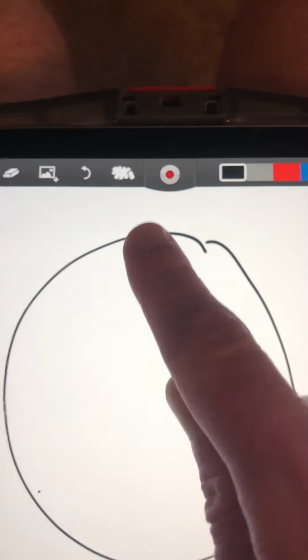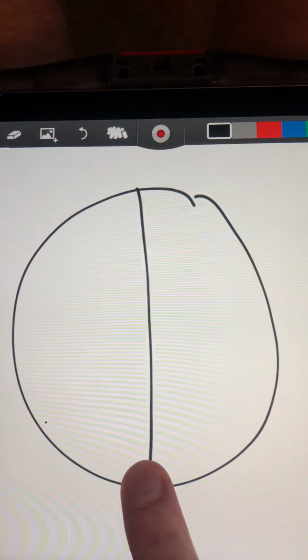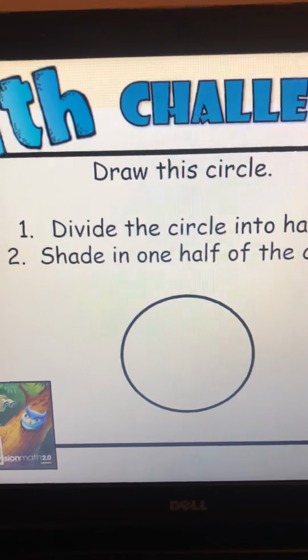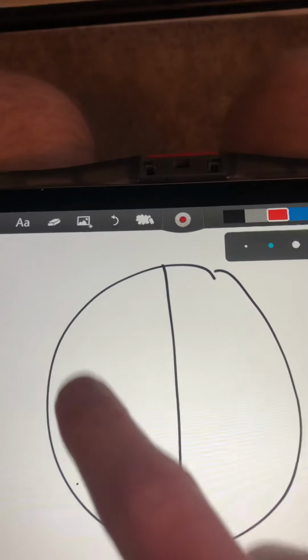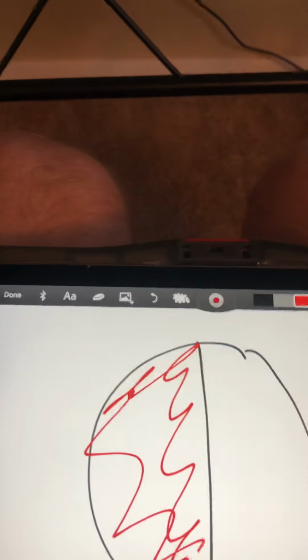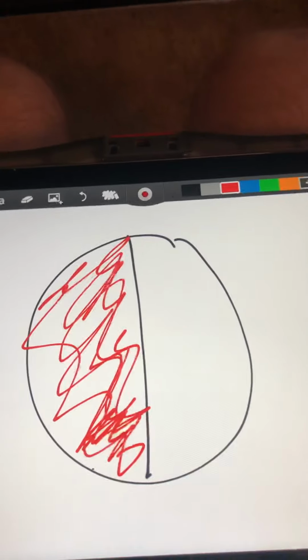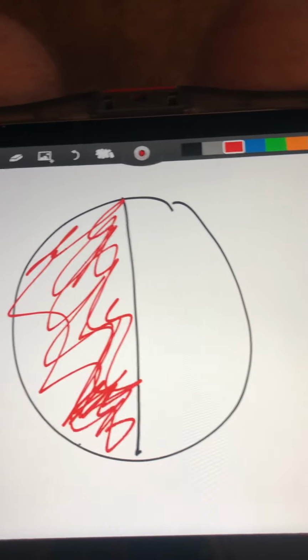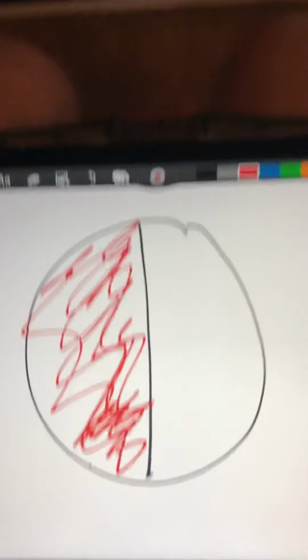One really easy way to do it is just draw a line down the middle, cut in half. Shade in 1/2 of the circle. So we're going to take 1/2 and shade it in. Now 1/2 of the circle is shaded. 1/2 is not. And that's it for today.